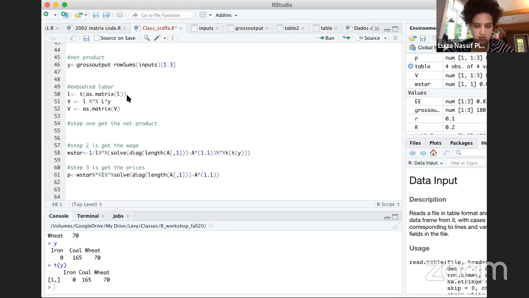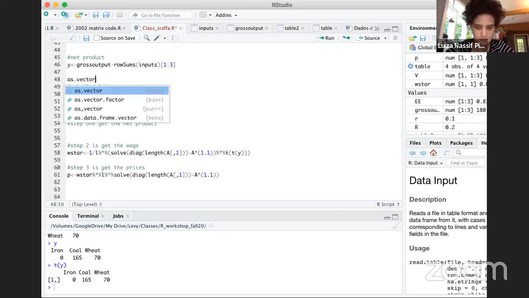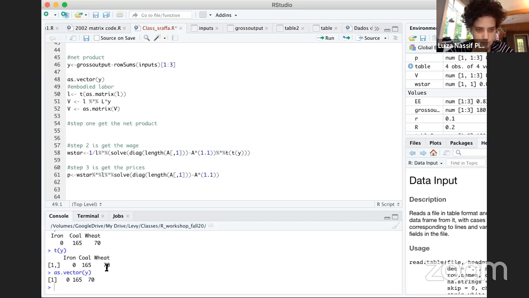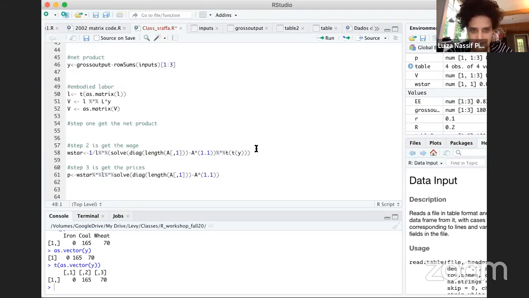I'm not 100% sure. Yeah, I don't know. This was my way of being able to get Y to look like a column instead of a row.